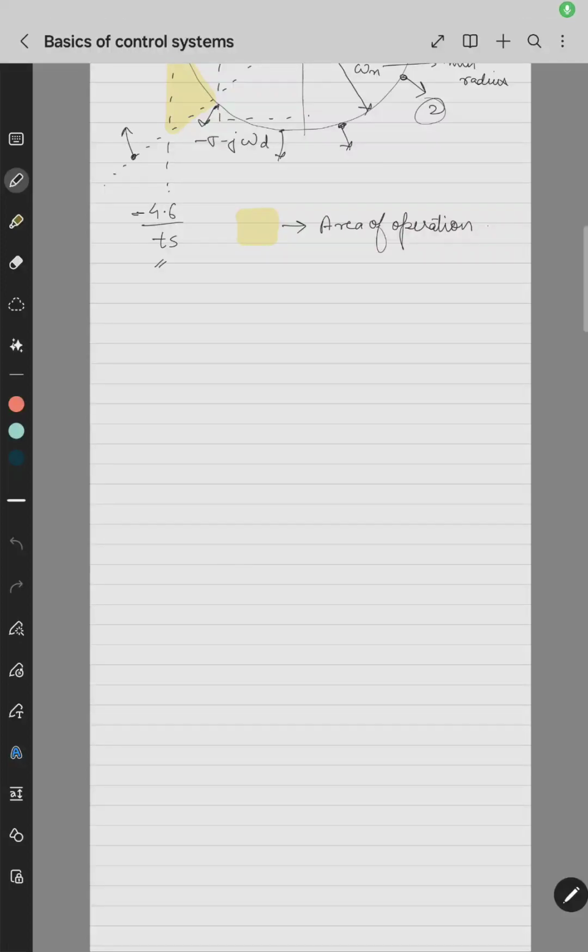In this lecture, we will see the controller tuning for a second order plant using a proportional controller.